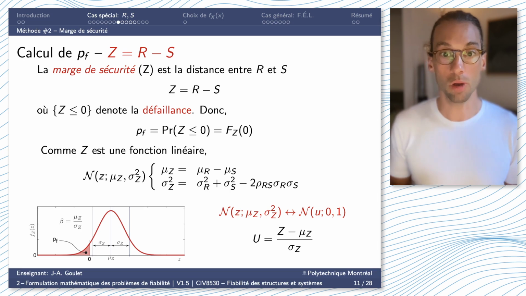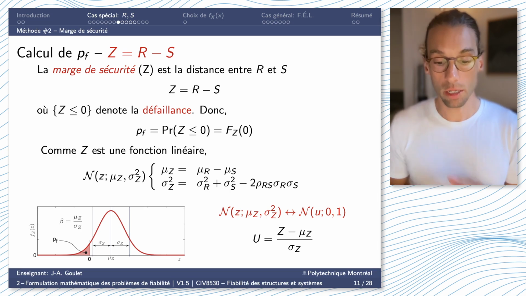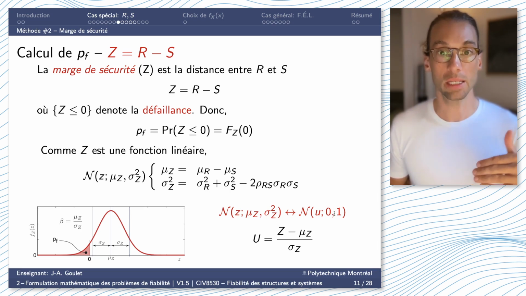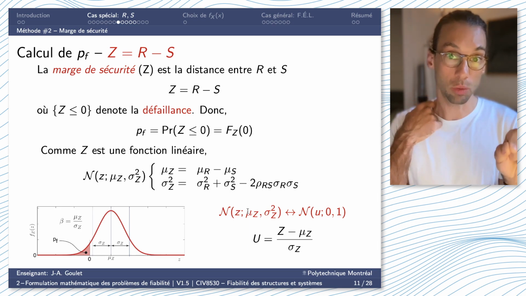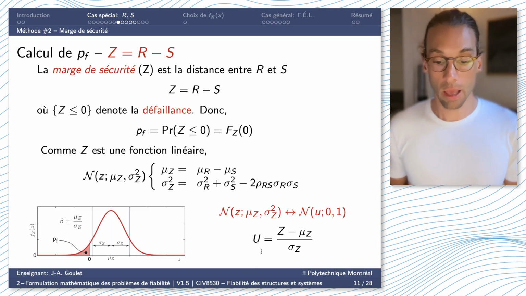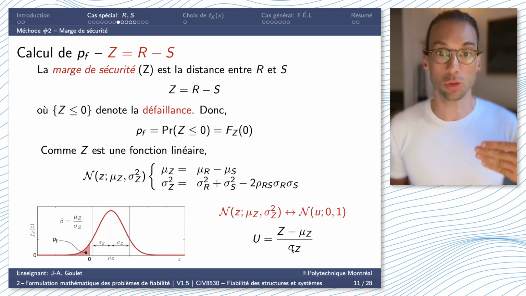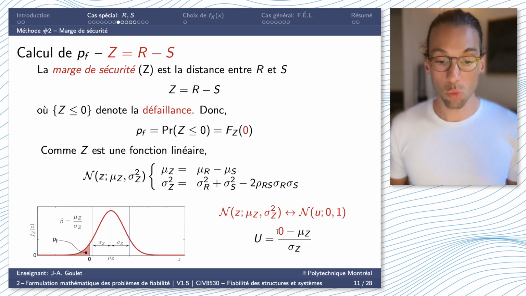We also saw in module 1 that we can go from an original Gaussian space to the standard normal space, which has mean 0 and standard deviation 1. We can make this transition between the original space and the standard normal space by taking my random variable Z, subtracting its mean, and dividing by its standard deviation. If we do that transfer, we want to evaluate in that standard normal space at Z equals 0.